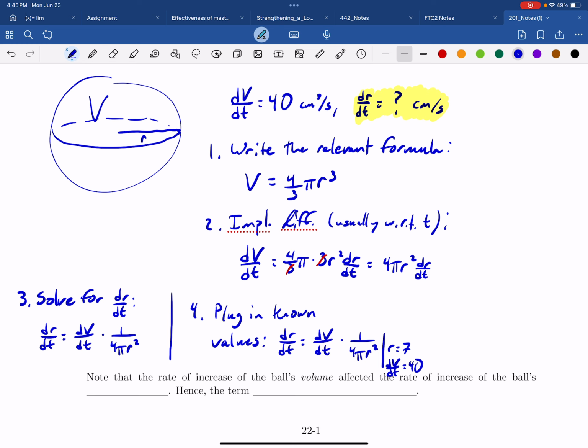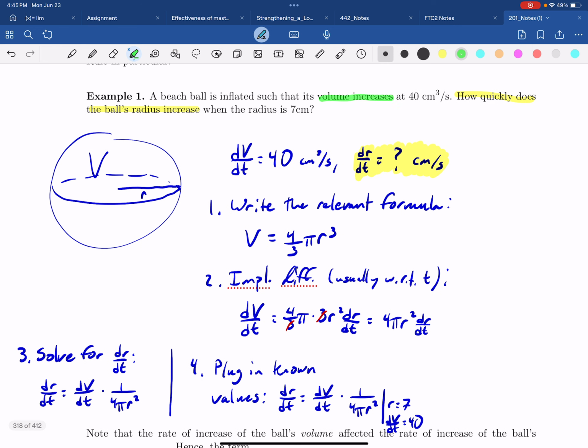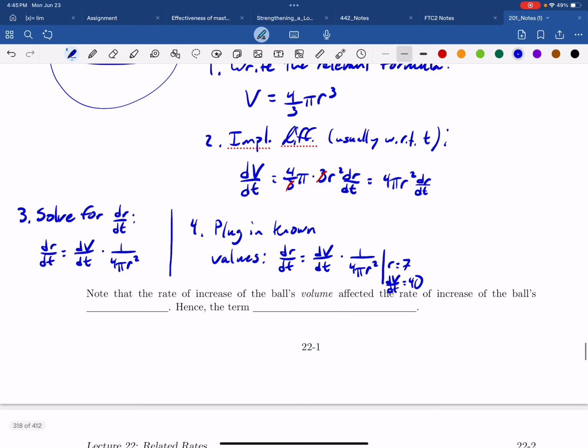Now, where do we get those from? We got them from here. Volume increases at this rate. Radius is 7, that's where we're interested in finding things out. So that's the notation.